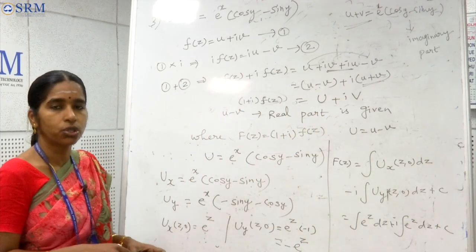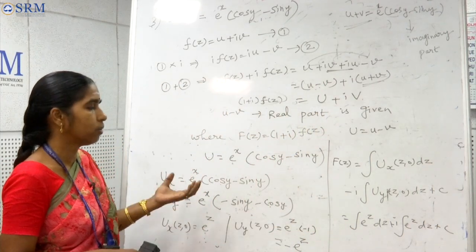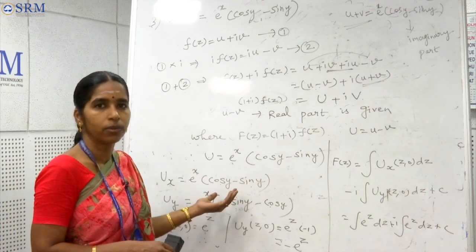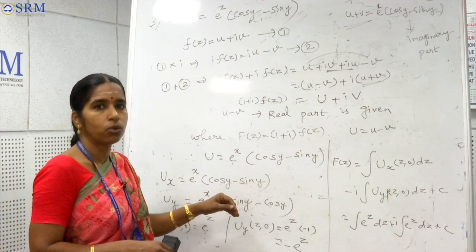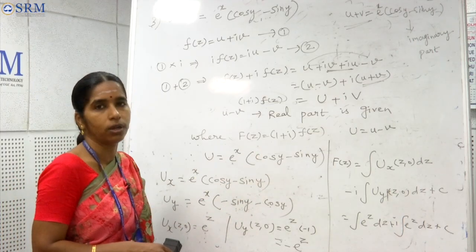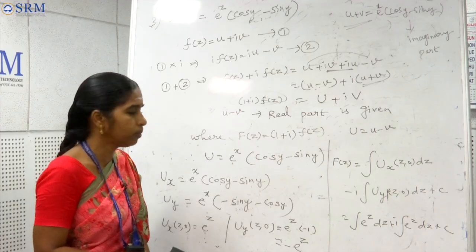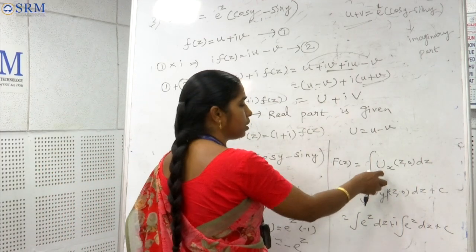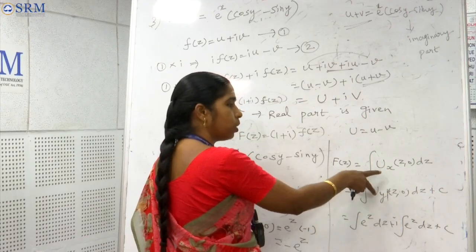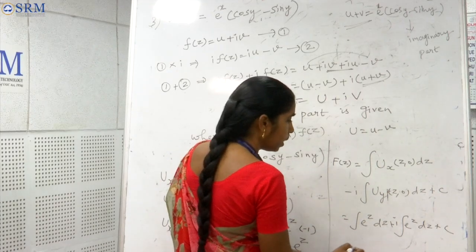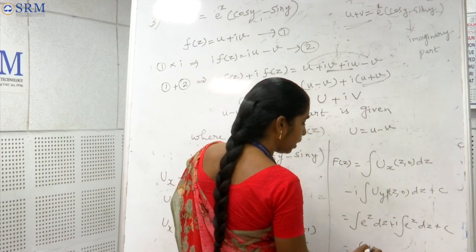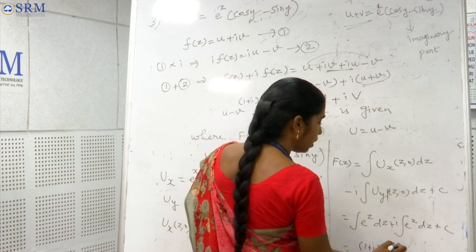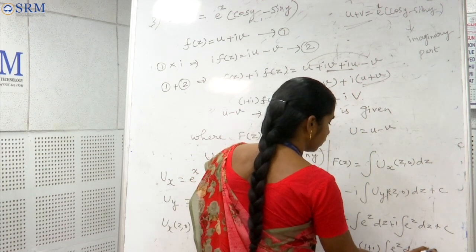In the first question, only the u part is given, so only the Ux term exists; if the imaginary part is given, the Vx term exists. Here both exist; based on the question, sometimes this one is zero, or that one is zero, or both exist. So we get the integral of (1 plus i) e power z dz plus c.